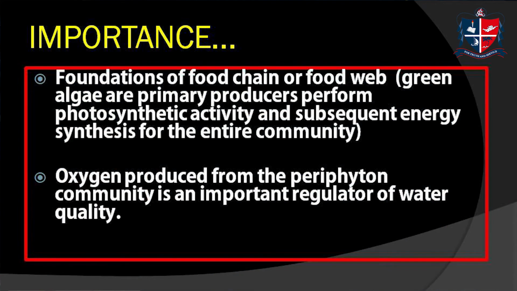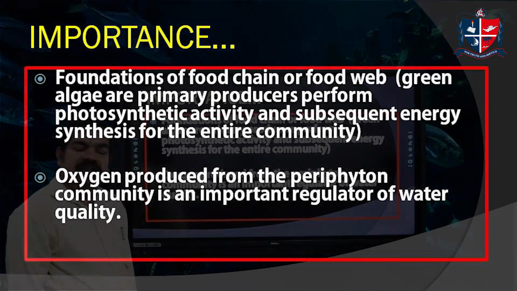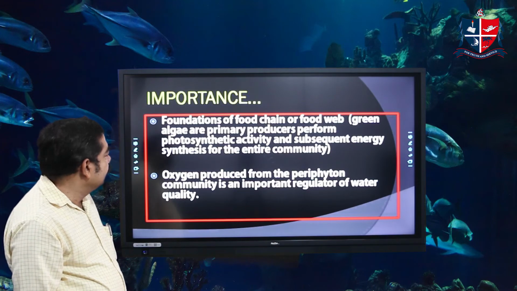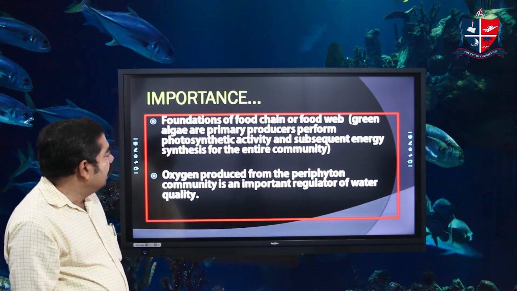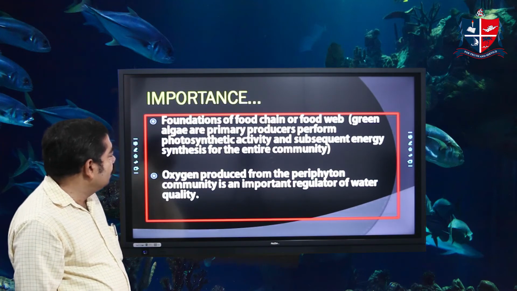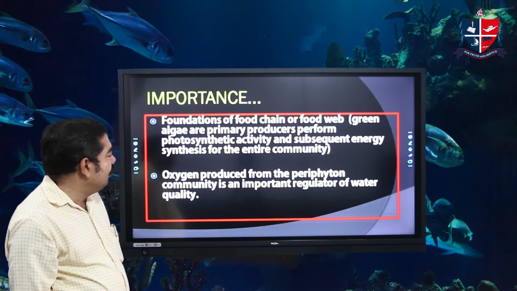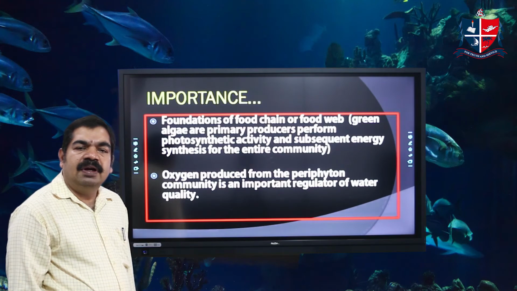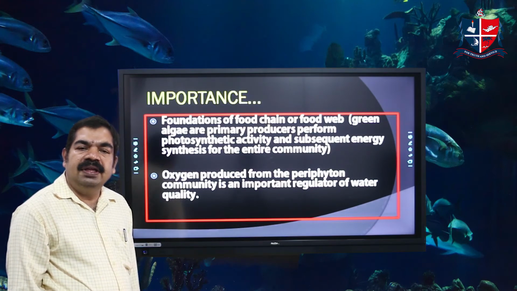Another important point with respect to the periphyton is that it forms the foundation of a food chain or food web. Green algae are primary producers, performing photosynthetic activity and subsequent energy synthesis for the entire community. The periphyton community comprises producers, especially the blue-green algae.